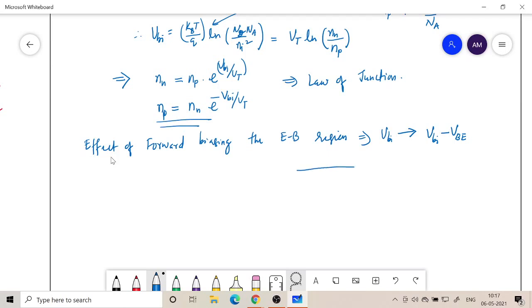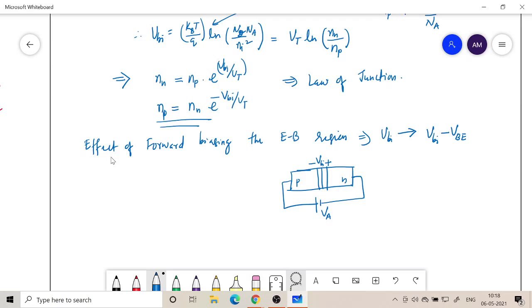So if I draw the diagram again for a PN junction, when we forward bias, this is the P and this is the N side, and you have a depletion region, and there is a built-in voltage VBI like this. But when you forward bias, you apply a voltage externally, like this is the externally applied voltage. If I look at the polarity of this, positive is connected to the negative, so they are coming against the VBI, and only then is the current going to increase.